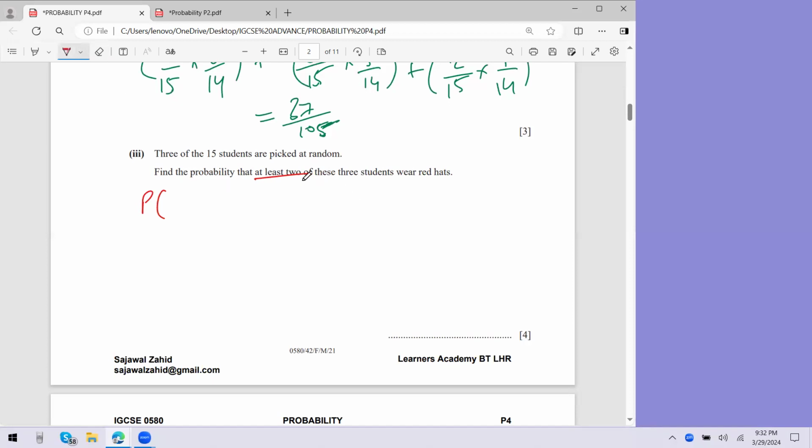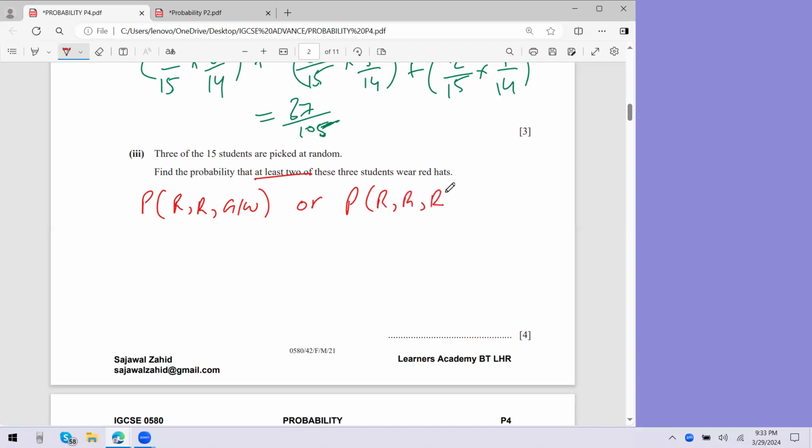Okay, at least two. So that means first being red, second being red, and third being any other color, green slash white. We can write like that. This is one case, and the other case is all three are red.